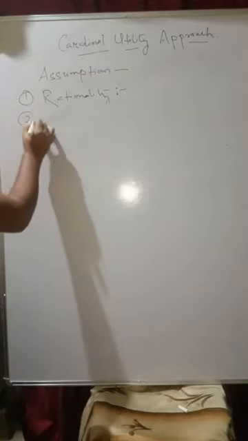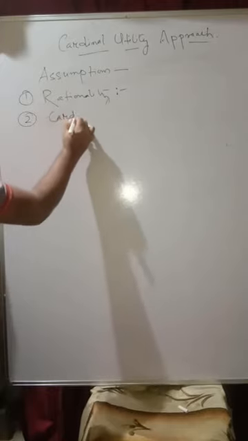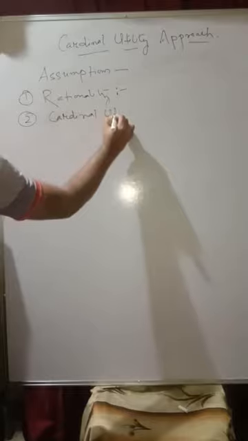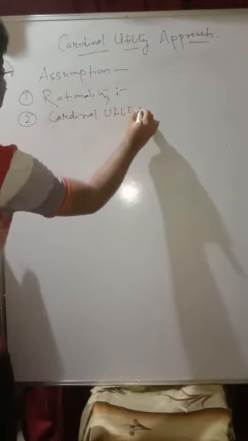Now the second assumption under the cardinal utility approach is cardinal utility, which we have already discussed. What does it mean?